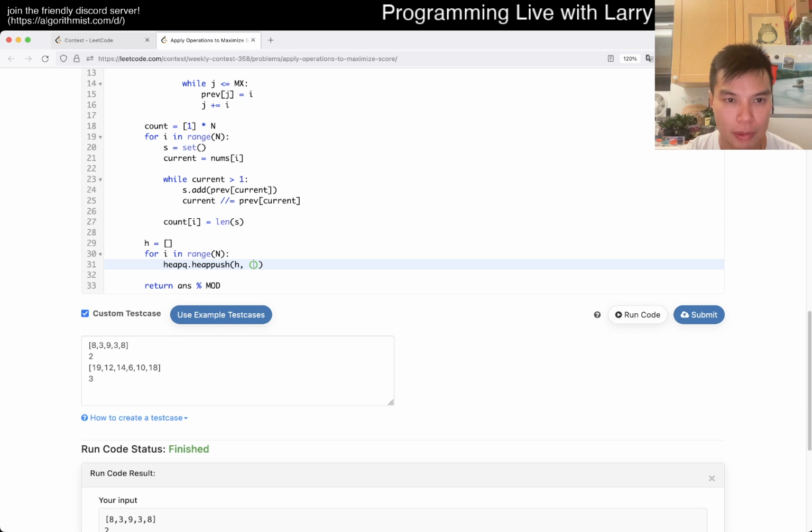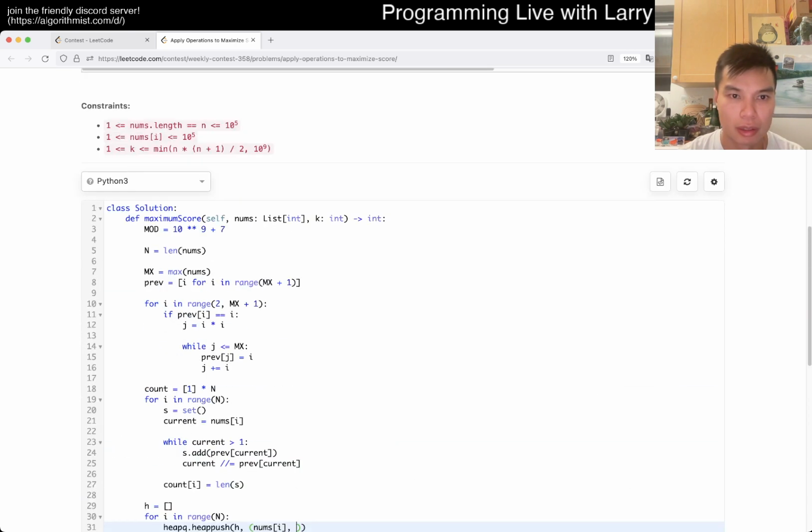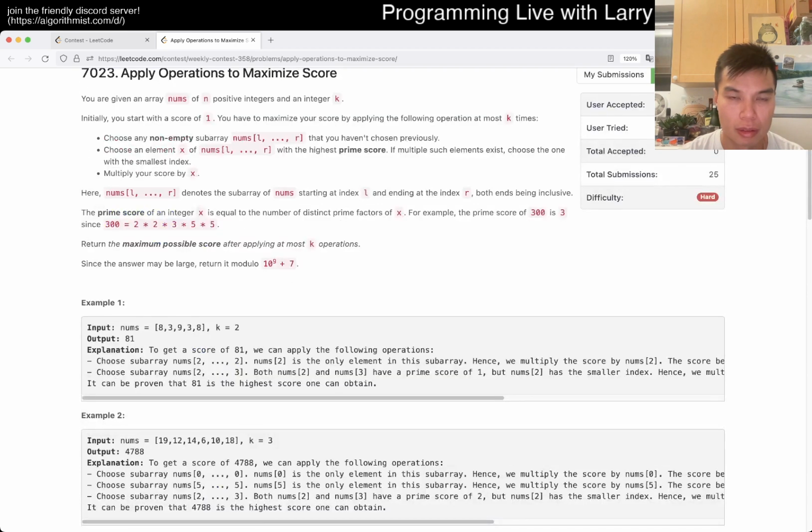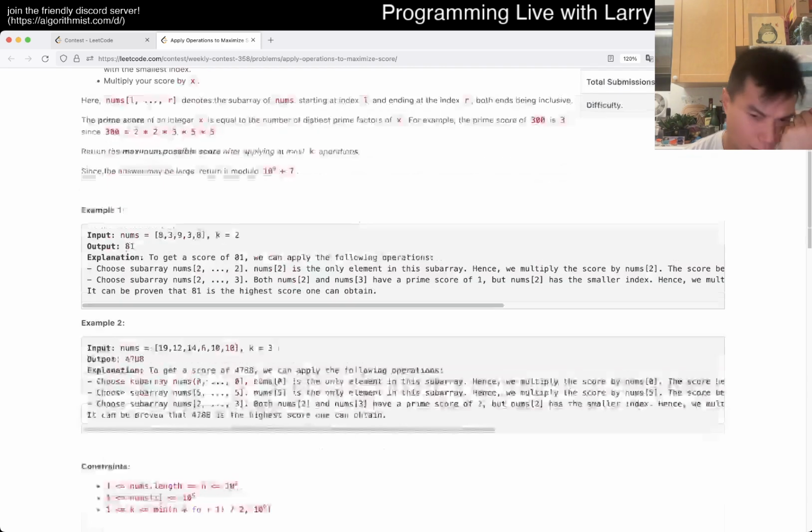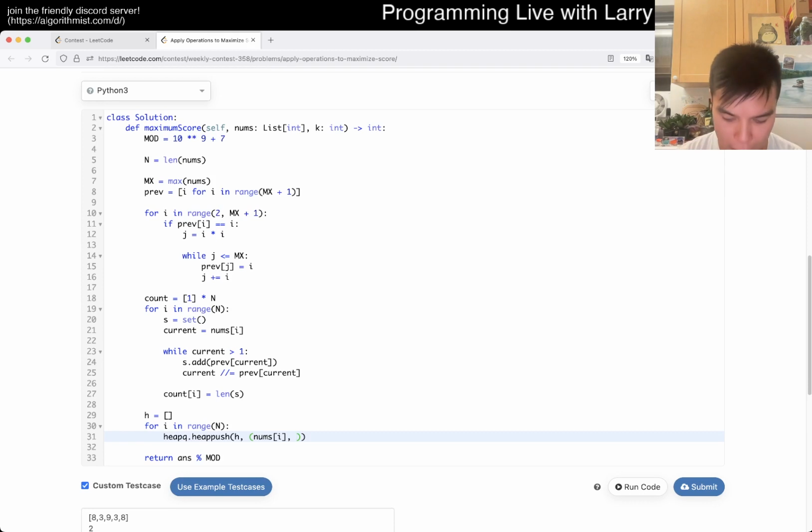The current number, which is num sub I. The distinctness, what does the distinctness matter? The distinctiveness doesn't matter, I don't think. Okay, fine.